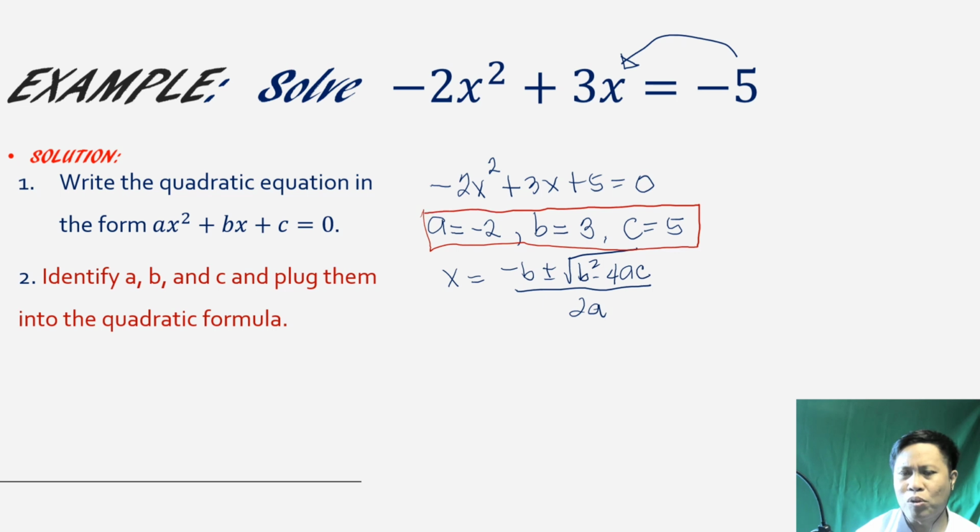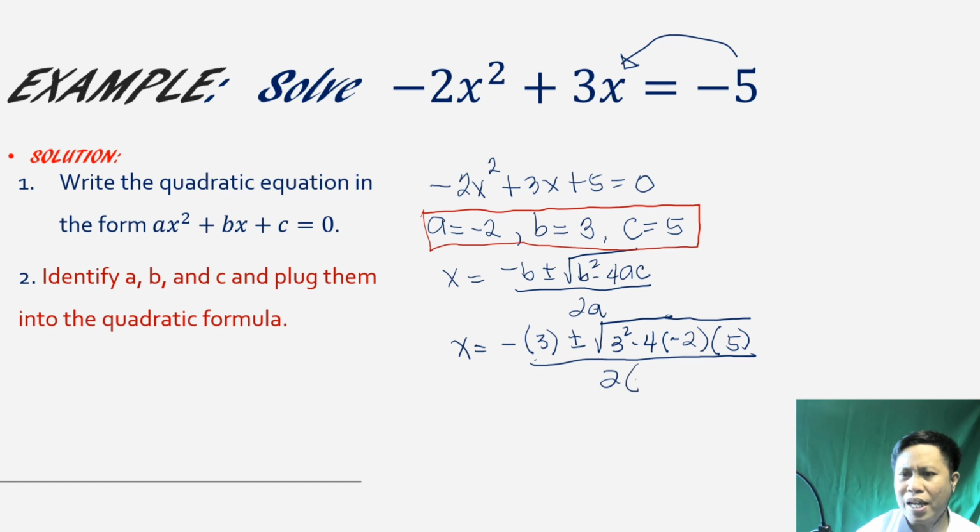So we have x equals negative, instead of b, replace that by 3, plus or minus the square root of 3 squared minus 4 times a, which is negative 2, times c, which is positive 5, divided by 2 times negative 2, which is the value of a.